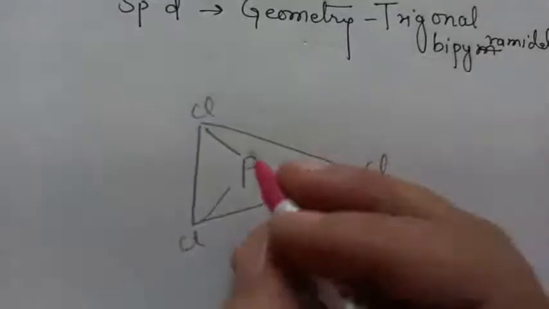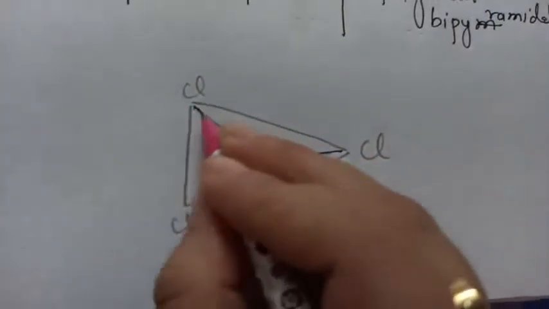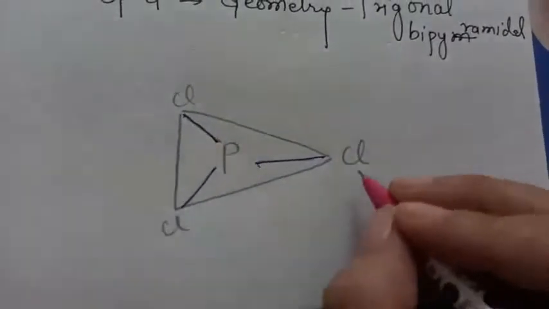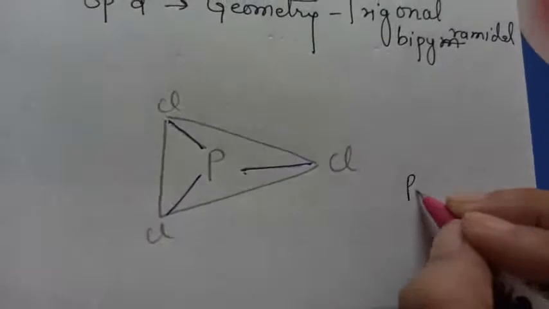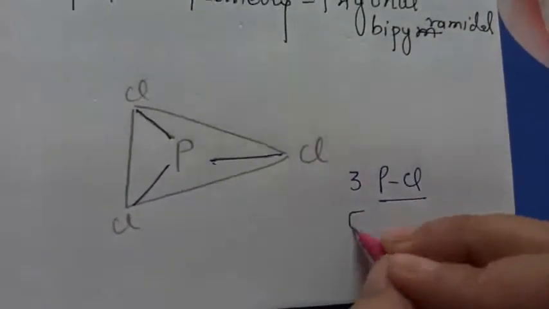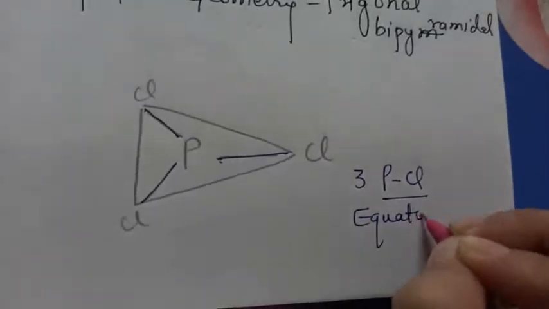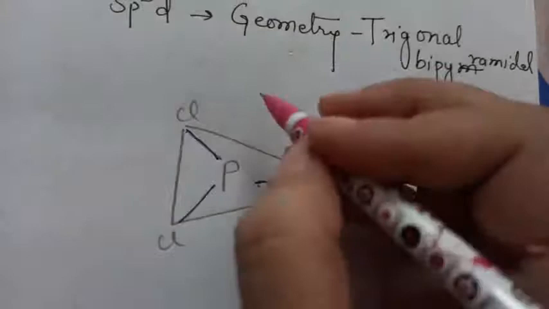These 3 bonds, 3 बॉन्ड कौन से? PCl, PCl and PCl. These 3 PCl bonds are called as equatorial bonds. ये जो 3 PCl bonds मैंने आपको बताए हैं, ये कौन से bonds हैं? These are equatorial bonds. Equatorial bonds.